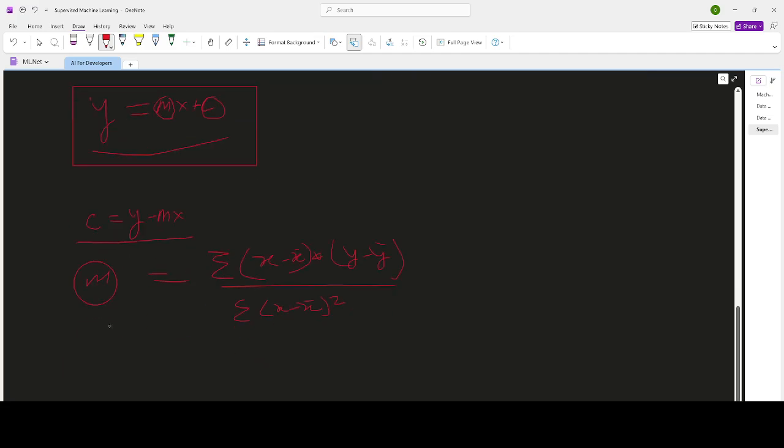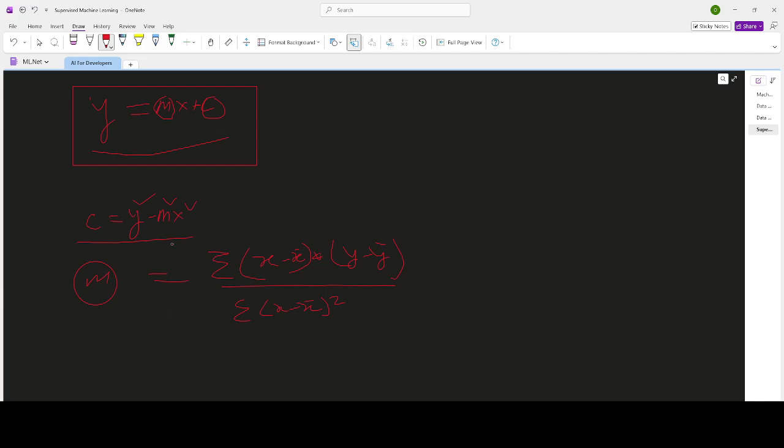So we know y, we can calculate m, we know x, and from these formulas we can also find c. So that is regression, the formula behind the regression.